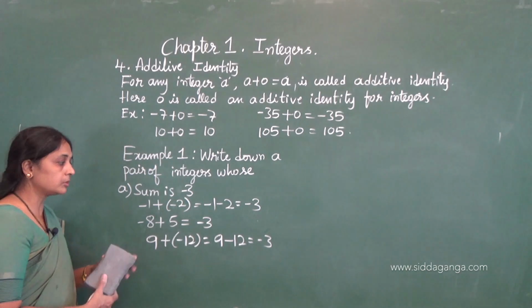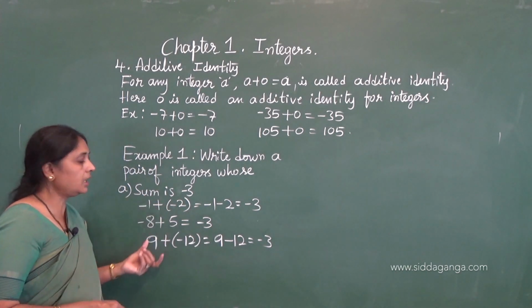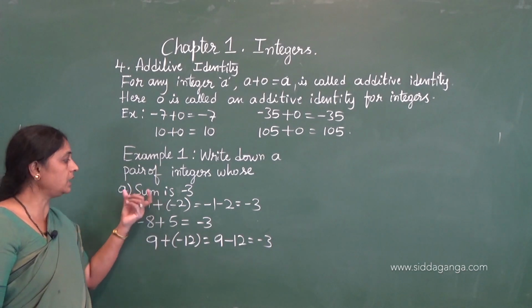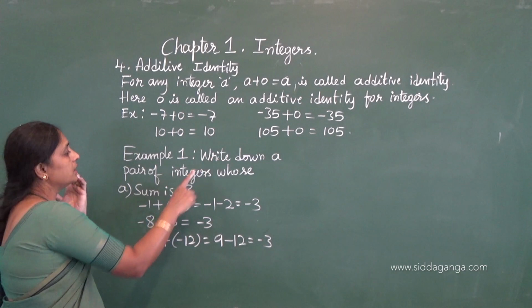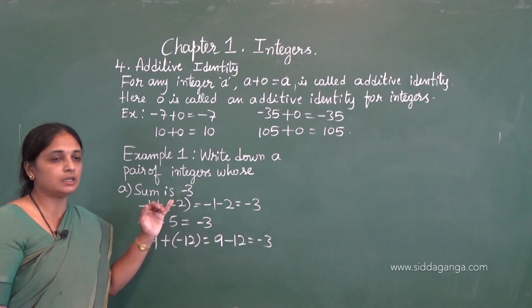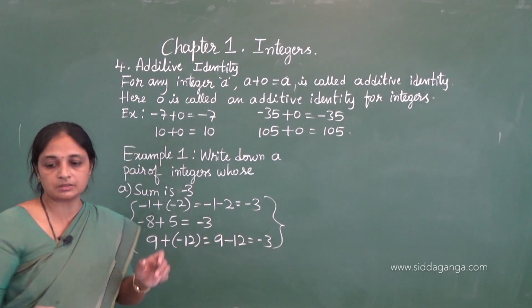So like this you can take any numbers. I have given three forms to get minus 3. They are asking to write a pair, so you can choose any one from this.